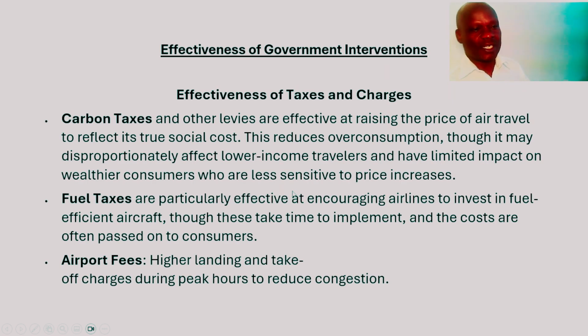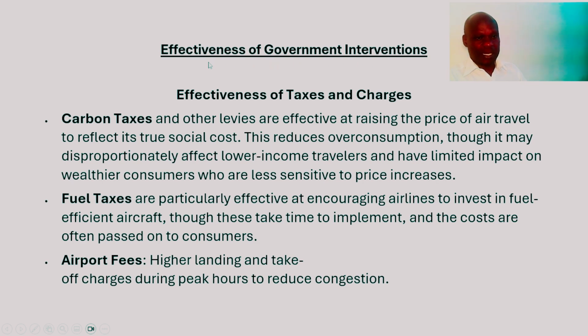Then we could assess the effectiveness of government interventions. Now, effectiveness of taxes and charges. Carbon taxes and other levies are effective at raising the price of air travel to reflect its true social cost. Now, this reduces overconsumption, though it may disproportionately affect lower income travelers and have limited impact on wealthier consumers who are less sensitive to price increases.